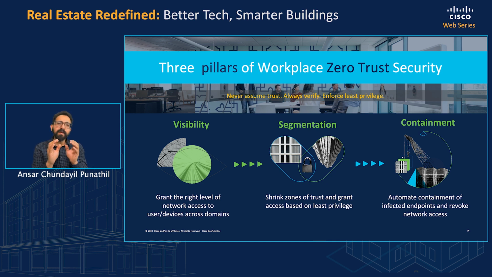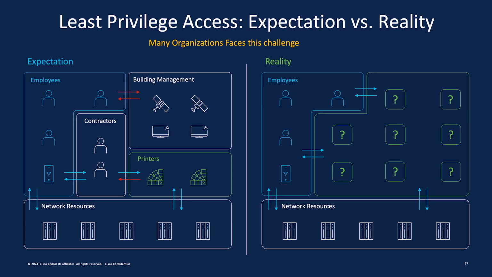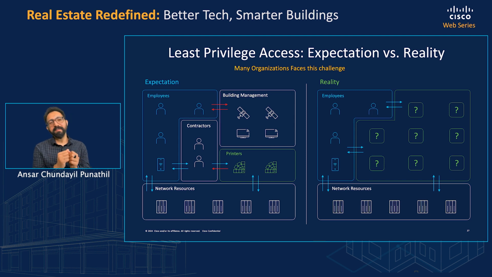So by having a robust threat containment strategy, you can really minimize the damage caused by a security incident. Okay, we just talked about visibility and applying least privilege access as the two core pillars in the zero trust framework. However, most organizations fail to deploy this effectively.